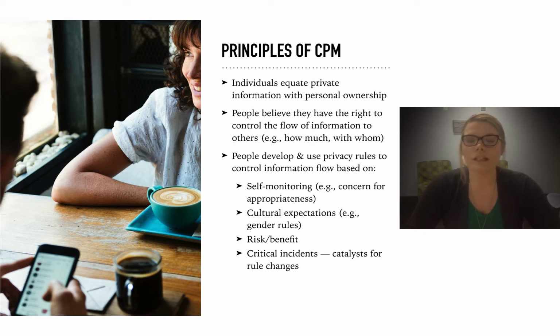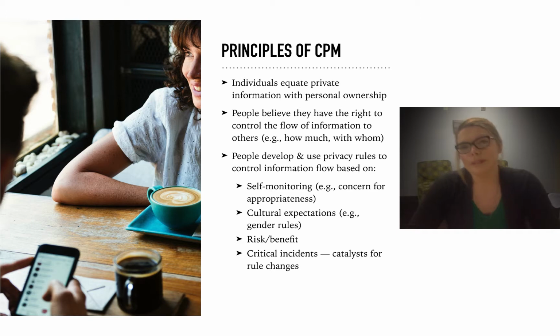So that's definitely at play. Another characteristic is the cultural expectations that we have. So, for example, many times men are taught not to disclose their emotions or feelings, while it's okay for women to do so. We often consider the risks and potential benefits of sharing that information as well.